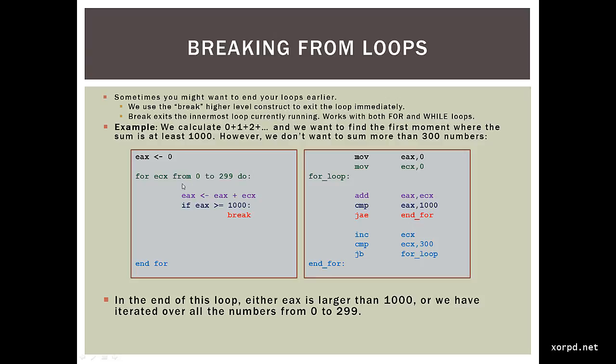It puts a different number inside ECX every time, and EAX is going to contain the current sum of all the ECX values. Now we have another thing here. We have this if condition inside the for loop. So this if is nested inside the for loop.